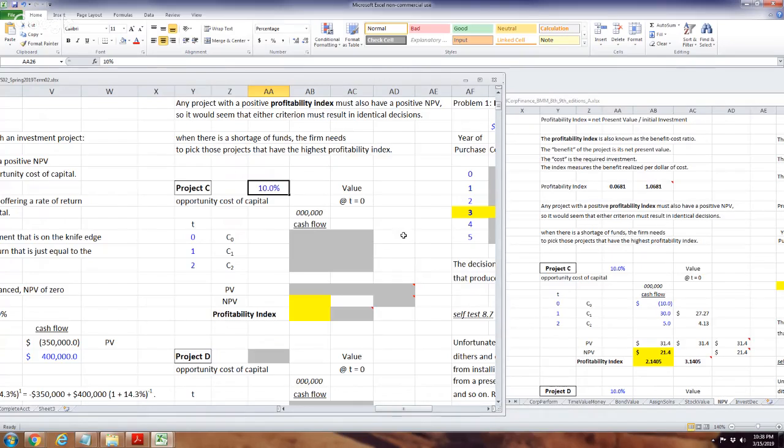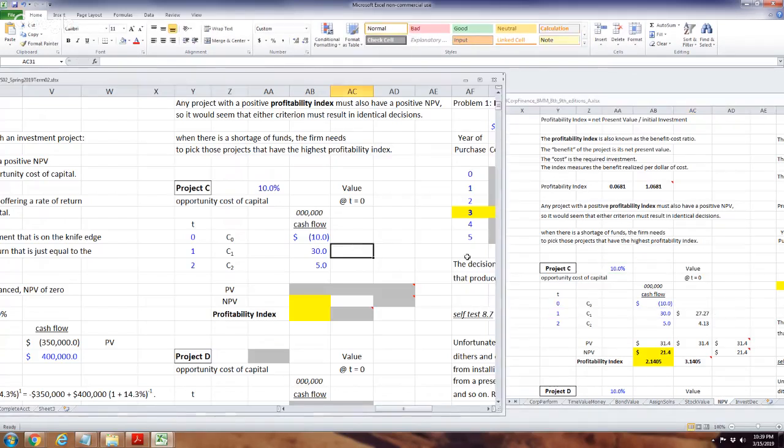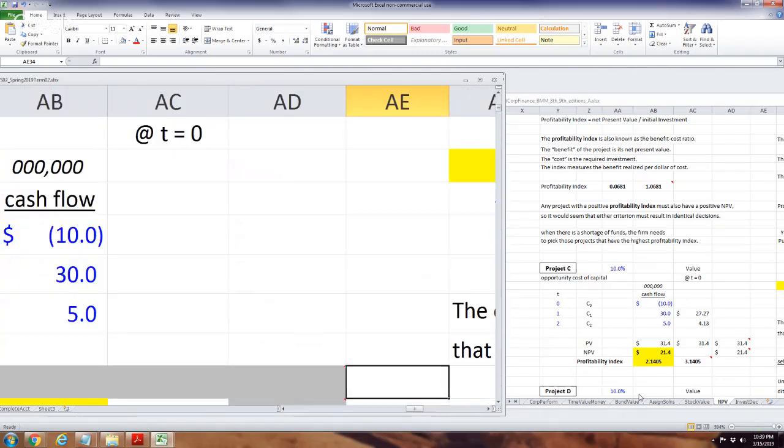So for the first one, again, millions, you need 10 million to come in with. You have 30, then you have 5. Again, present value computations, the value at 0 type of a thing.